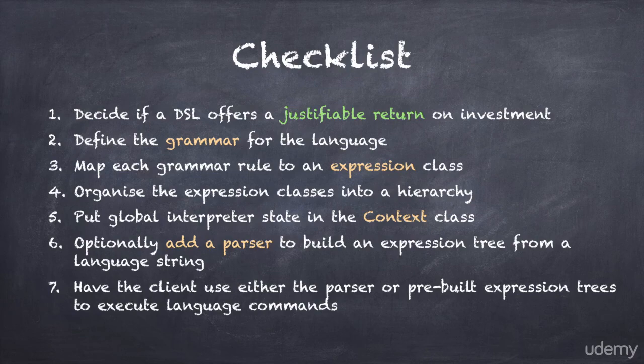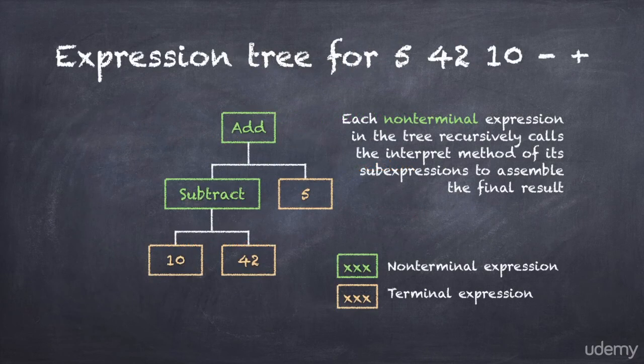And here are some final comments. If you are still wrapping your head around the code example I showed you, then here's a diagram that might make things more clear. I typed the following expression on the console: 5, 42, 10, minus, plus. And this is the expression tree that the parser made from it.